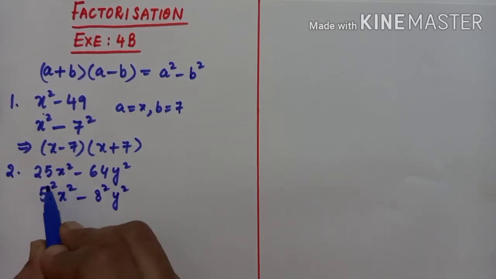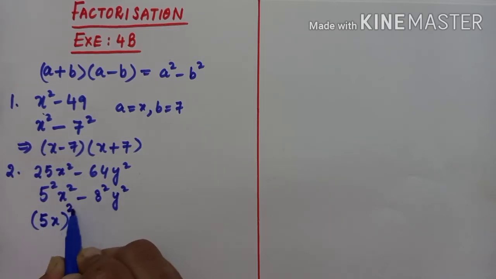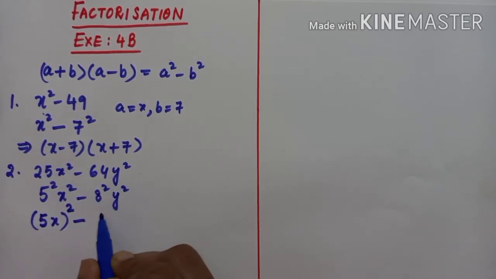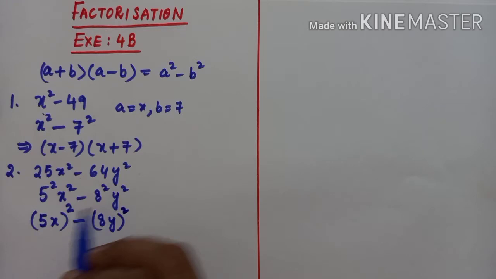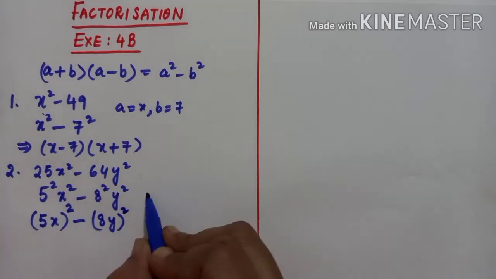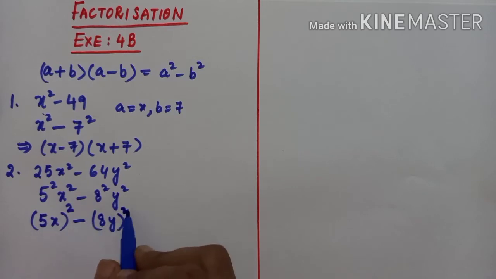Since you have two squares, let us write one square on the brackets: (5x) whole square, that means 5 square and x square, minus 8 square y square will be (8y) whole square. Now this is in the form of (5x) whole square minus (8y) whole square, that means a square minus b square.